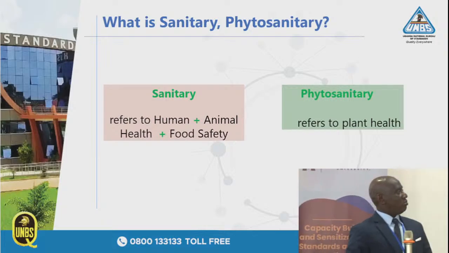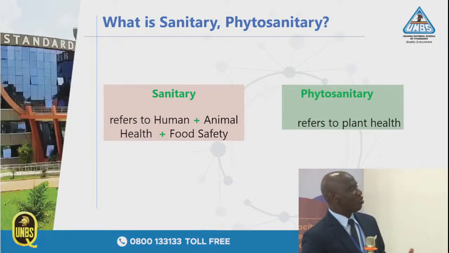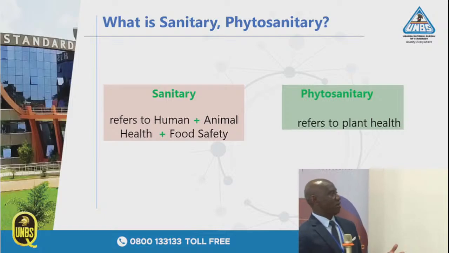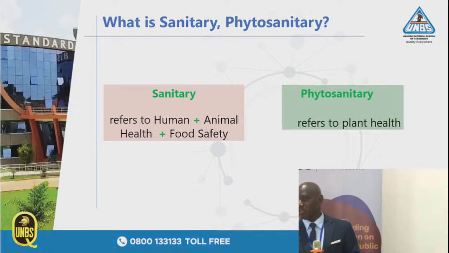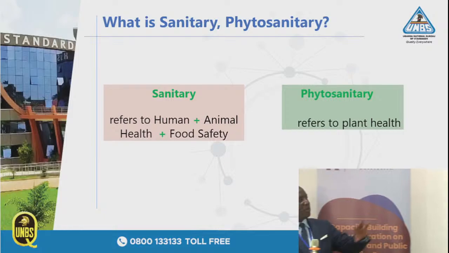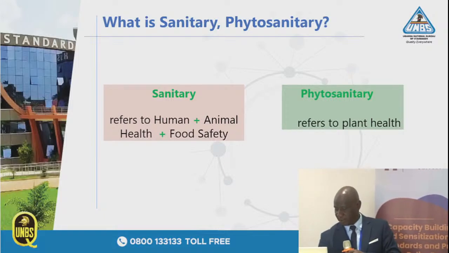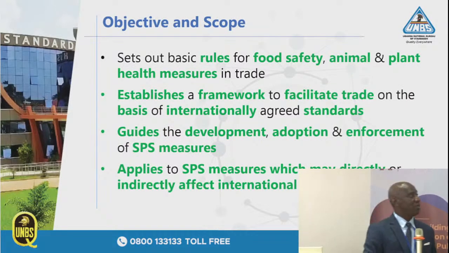So sanitary refers to human or animal health and food safety. We all know this. While phytosanitary refers to plant health. I thought Dr. Mwamba was going to be here. Probably he would have talked about some of these things before my presentation. So what is the scope?